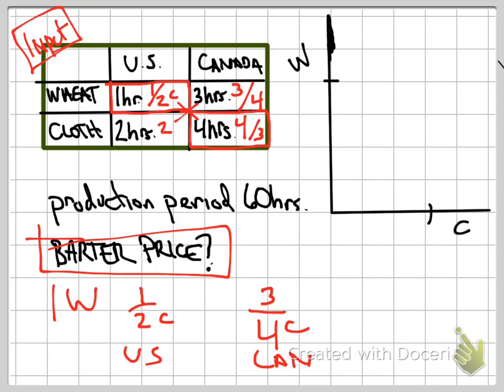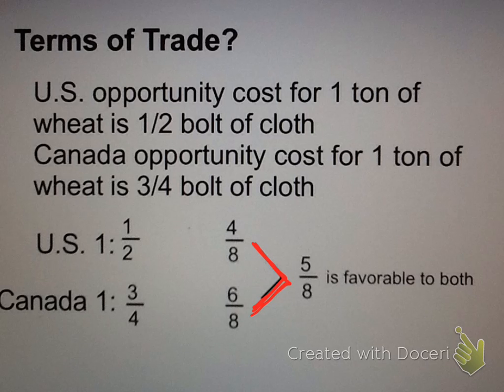If we convert to a common denominator, the opportunity cost of 1 unit of wheat would be 3/4, or 6/8, and the United States would be willing to accept anything more than 4/8 of a unit of cloth, because they would be getting more than it would cost them to produce it, and Canada would want to do it for anything that is less.